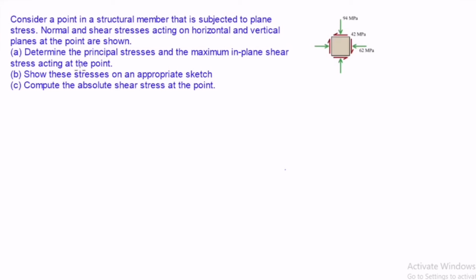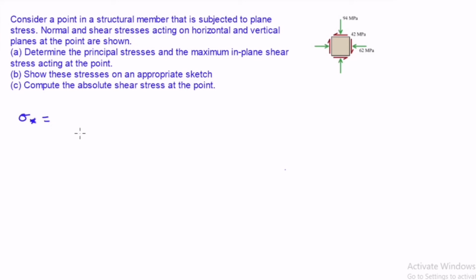So in this question, we are asked to determine the principal stresses, the maximum shear stress acting at the point, show these stresses on an appropriate sketch, and compute the absolute shear stress at the point. So we have this. So first, we need to generate our given stress values. So first, we have the stress in the y direction and x direction.